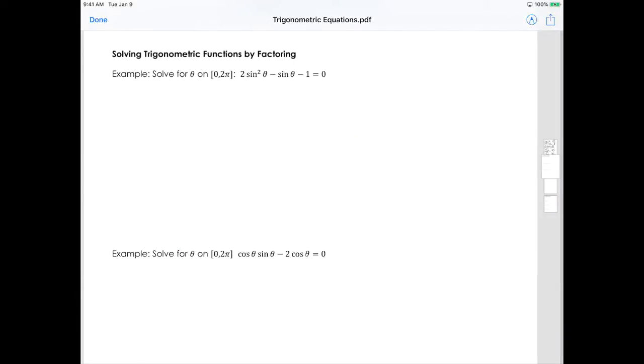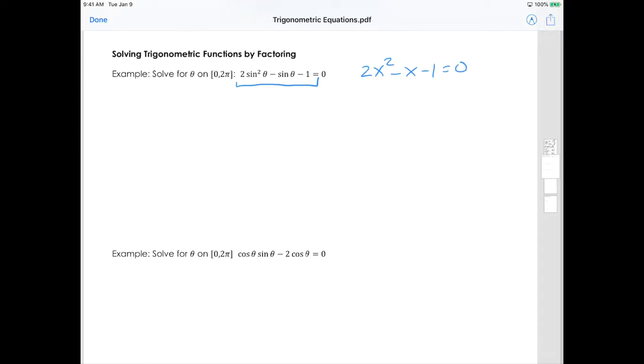Now I'm going to go through some examples of showing you how to solve trig equations by factoring. This to me looks like a quadratic-like equation. If I take out the sine and replace it with x, I get 2x squared minus x minus 1. And that to me looks like a quadratic equation.